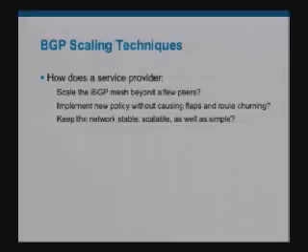How does the service provider scale the iBGP mesh? How to implement new policy without causing flaps and churning, and keep the network stable, scalable, and simple. So I mentioned one of the issues at the start when I was talking about the communities piece. In the days before communities, we had to do prefix filters on all our peering routers.